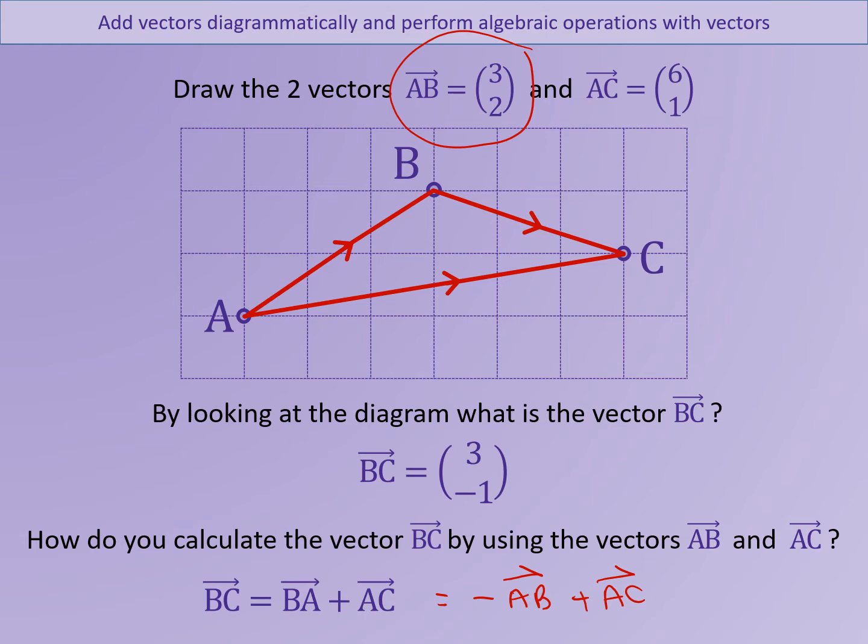And if we try and draw a path that takes us from B to C, it sort of makes sense that we could then use this notation here. So although we know the vector AB, we're going to start at B, we're going to work backwards along it, which is why we have the negative sign, and then we're going forwards along AC, so we have plus AC at the end. Either of these two notations is perfectly fine.